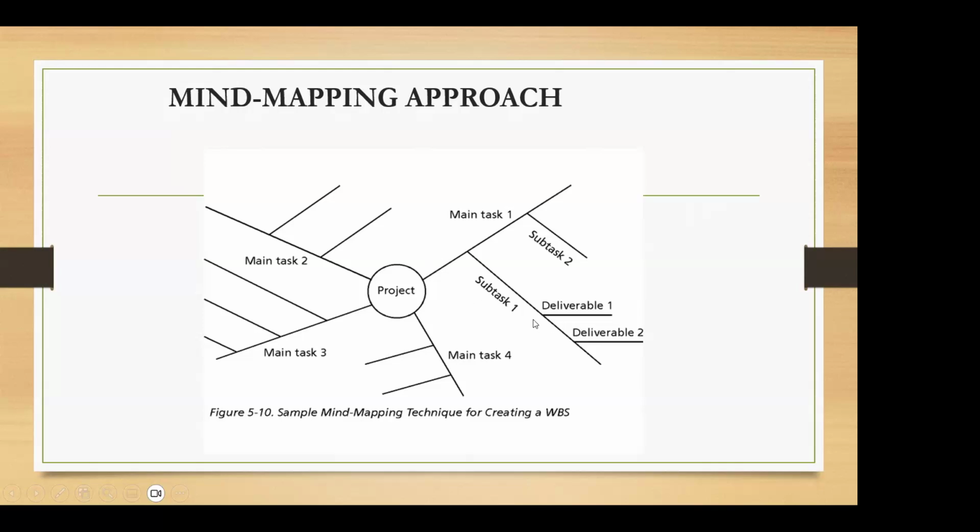Then subtask 1 will have deliverable 2, likewise. There is no particular order, right? On this mind map, you first put down the tasks, the subtasks and the deliverables. And then you transfer this into the work breakdown structure.